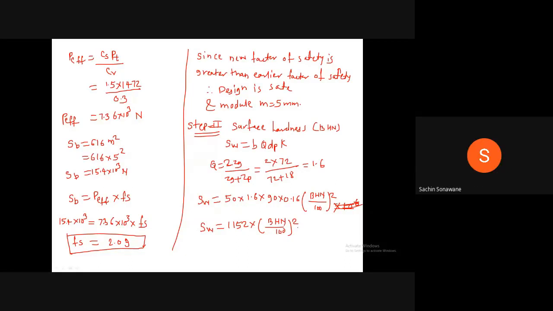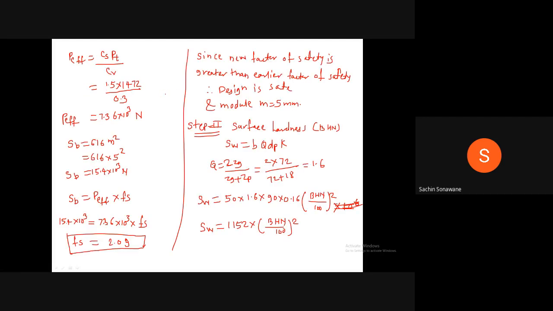Now, what you have to do? You have to equate SW and P effective. Therefore, what is our equation? SW is equal to P effective into factor of safety. Now here you have to take our earlier factor of safety, 1.5. Don't take new factor of safety.